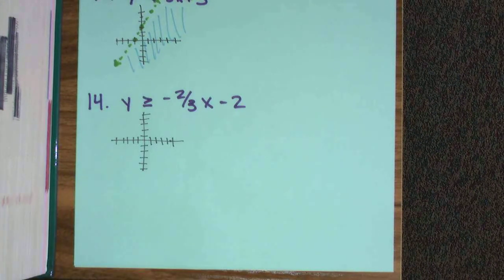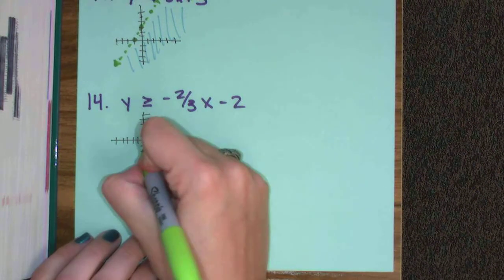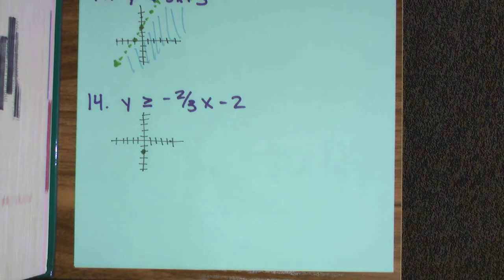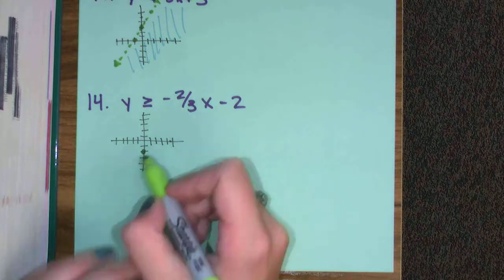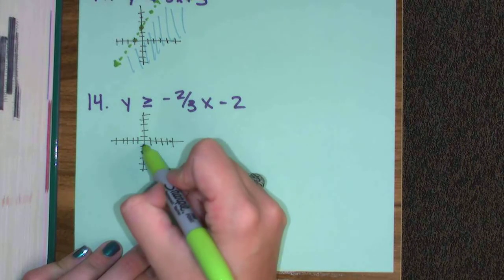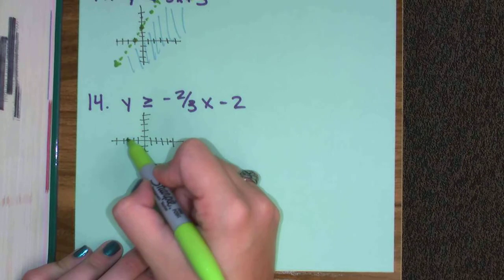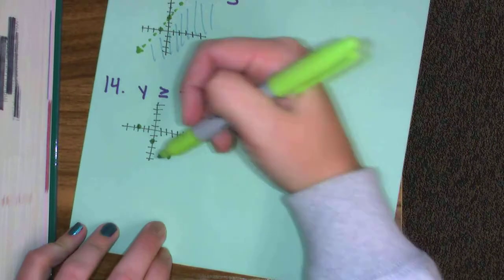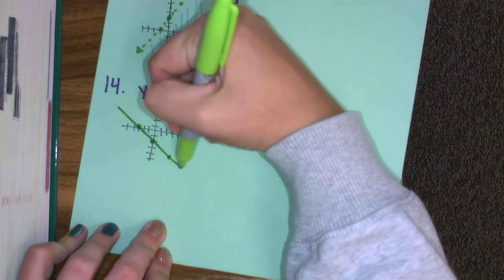So I have a y-intercept of negative 2 and my slope is down 2, right 3. Okay, and I can also go up 2 and back 3. And we said it's solid, so I can connect the dots.